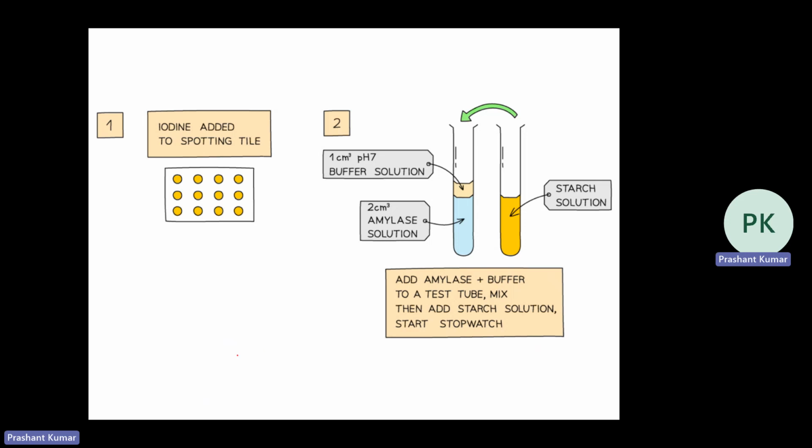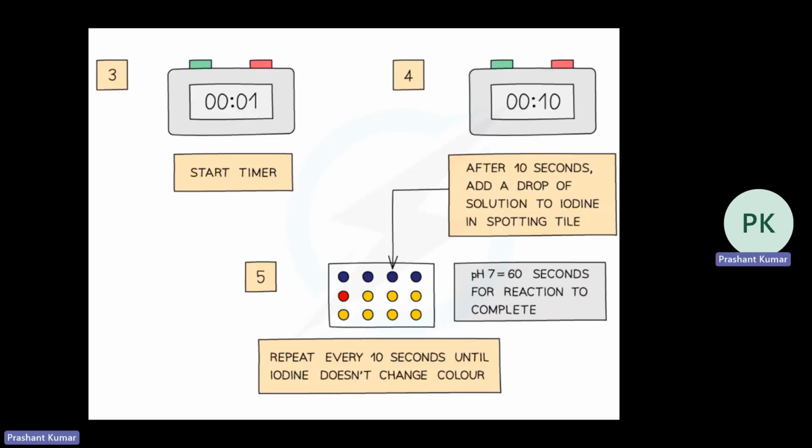First we have taken amylase plus buffer in a test tube, mix them, add starch solution, and then you have to start the stopwatch. So this is the starch solution, put it in the buffer solution, and then you have 2 centimeter cube of amylase solution. Then the timer will start. Right, the timer starts. Then after 10 seconds, add a drop of the solution to iodine in the spotting tile, like this.